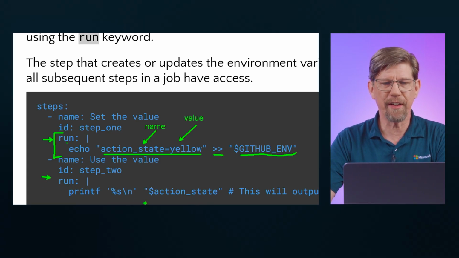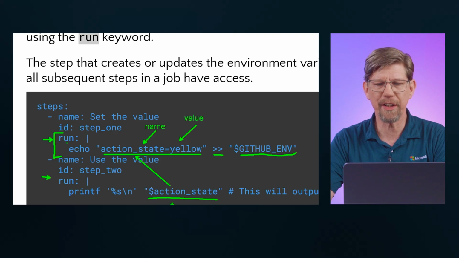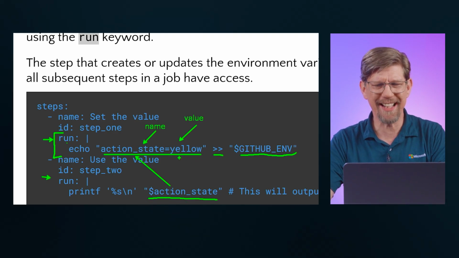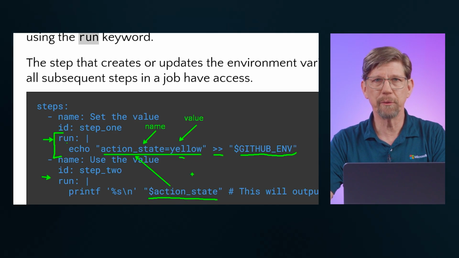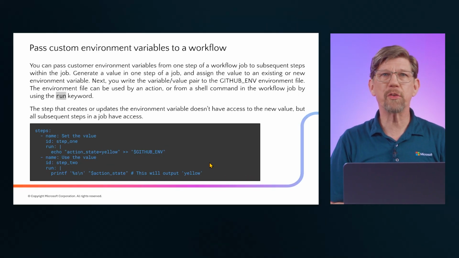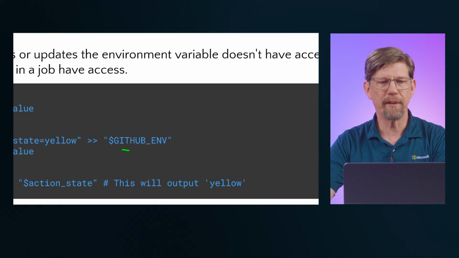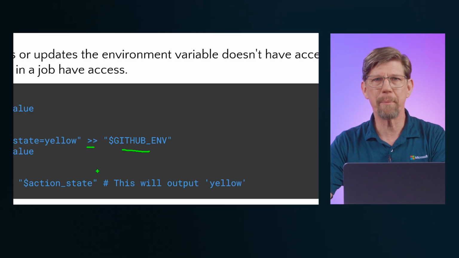But in this case here, inside the run, when we look to the action state, which was that name variable there, $ACTION_STATE, we will in this case get the value yellow. So to pass between the two, we use the GitHub environment object, and we use that append structure.